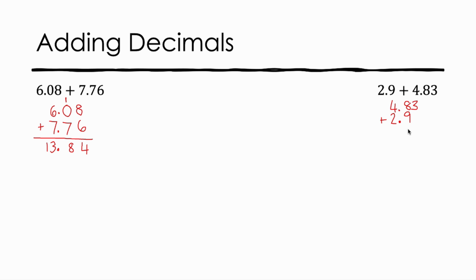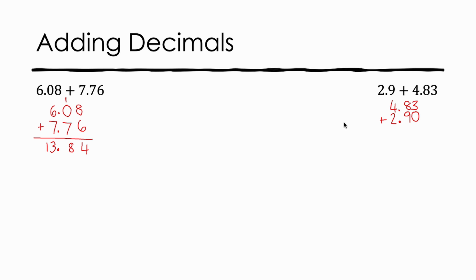But wait, we don't have the same amount of decimal places on this one as we do on this one. So what we do is add a 0 to the end. Now, if you're thinking that I changed this number now, I have not changed it in any way. Adding a 0, what it basically does is you're adding 0.